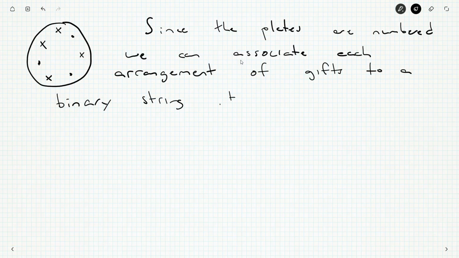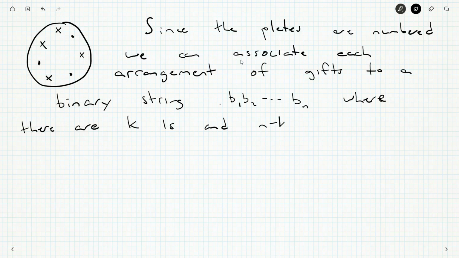A binary string would say b1, b2, and so on. Or I could go P for plates, G for gifts. I can use anything I want. Where there are k 1s and n minus k 0s.